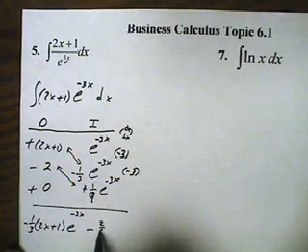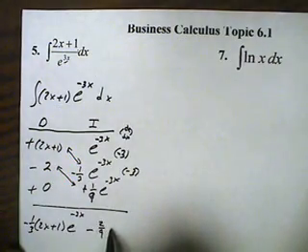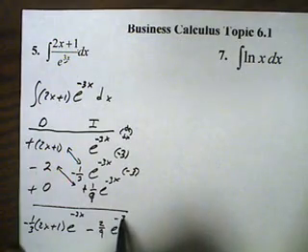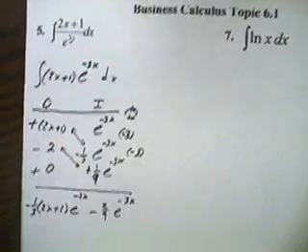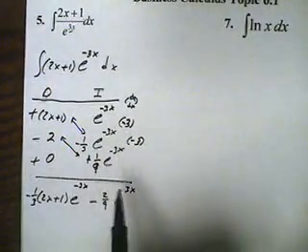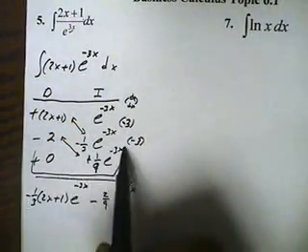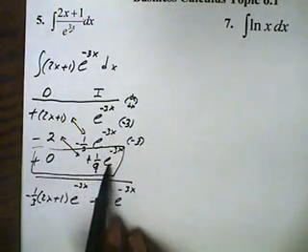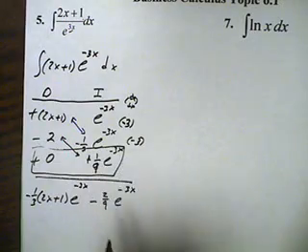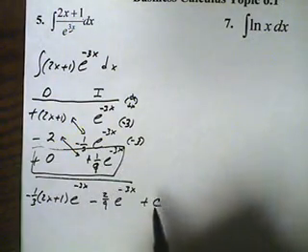So negative 2 over 9 e to the negative 3x. Now, the final part is the integral of this combination. We multiply 0 times this term here, we'll get 0. But the integration of 0 gives us a constant, so this will be plus c.